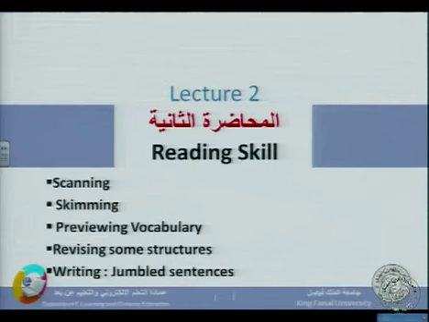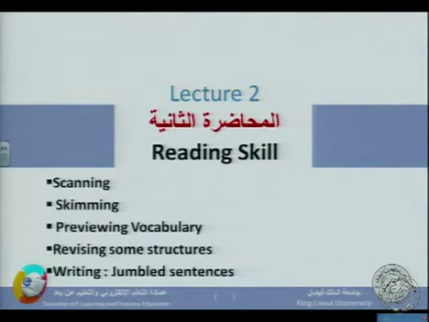For today, we are going to cover some reading skills like scanning, skimming, previewing vocabulary, and we will revise some of the grammar and structures that we covered in the first class. And hopefully you are doing your homework. Then we have a writing section about jumbled sentences.